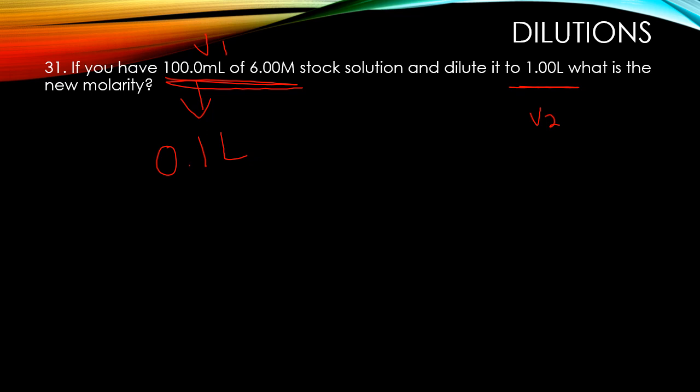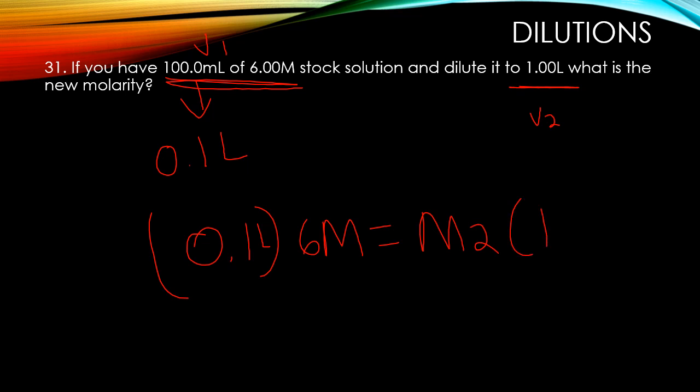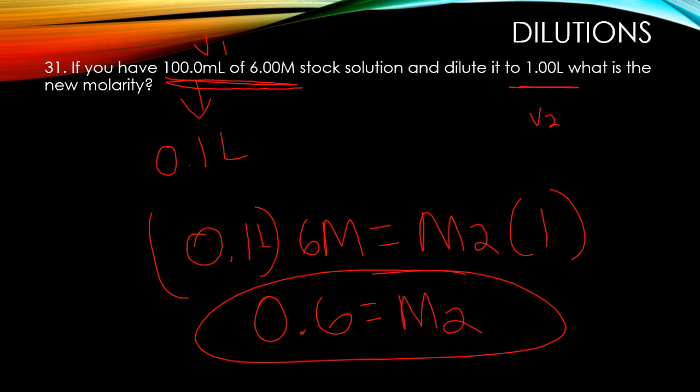You could change the 1 liter to 1,000 milliliters, but then you have big numbers, and I don't like that. So 0.1 liter times 6 molarity equals, we're looking for M2 times 1. 6 times 0.1 is 0.6 equals M2, so times 1. So there's my new molarity, 0.6.